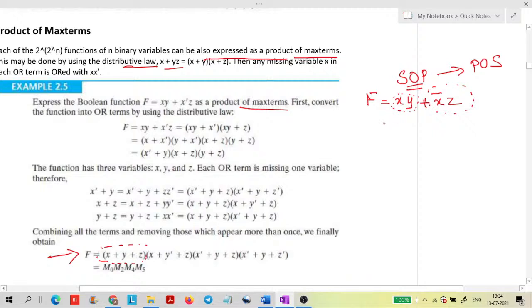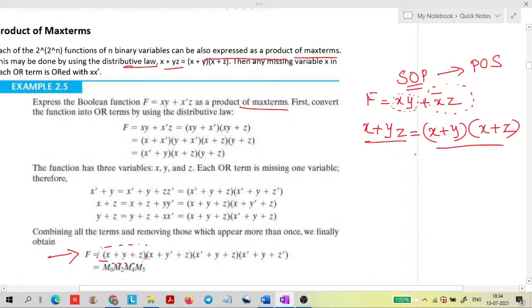So xy plus x bar z. How can we write it with the distributive law, x plus yz is equal to x plus y into x plus z? If the LHS is equal to the RHS, both the terms are equal.